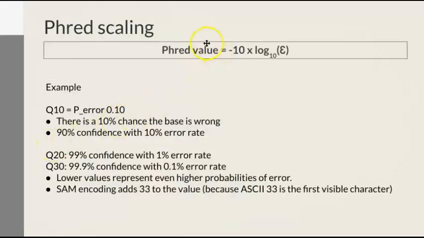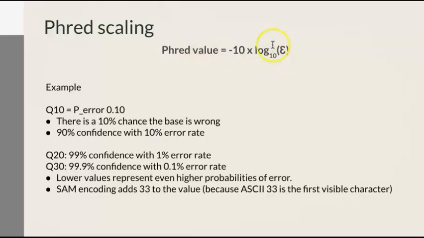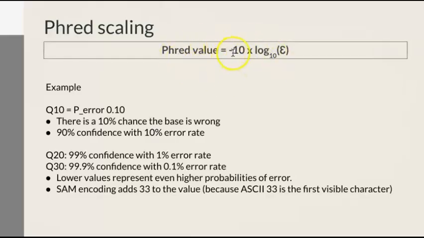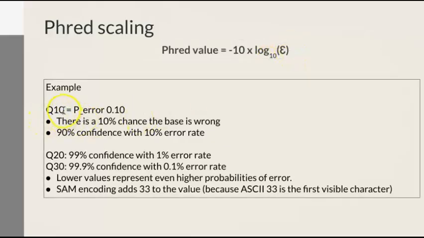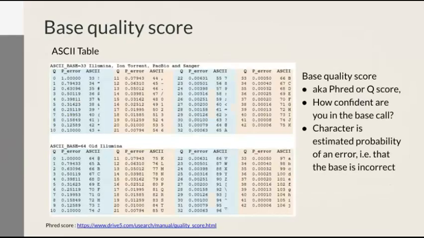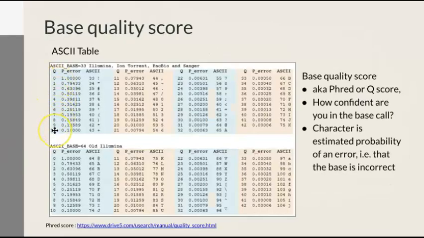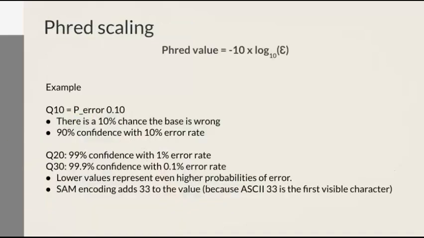So the Phred scaling is basically how you go about calculating it. It's minus 10 times log base 10 of the error rate. So if you have a quality of 10, for example, then you look at an error rate of 0.1. If you go back to here, you go to quality here, and you can see that your P error rate is 0.1.